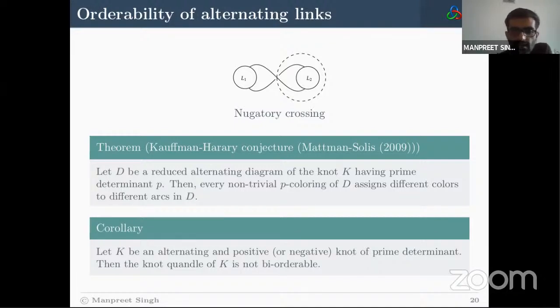Now, if we add the condition that this alternating knot is a positive knot, then using our previous result and this result, one can easily check that the knot quandle of K is not bi-orderable.